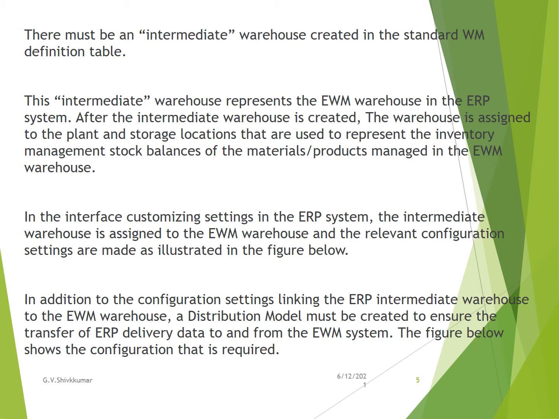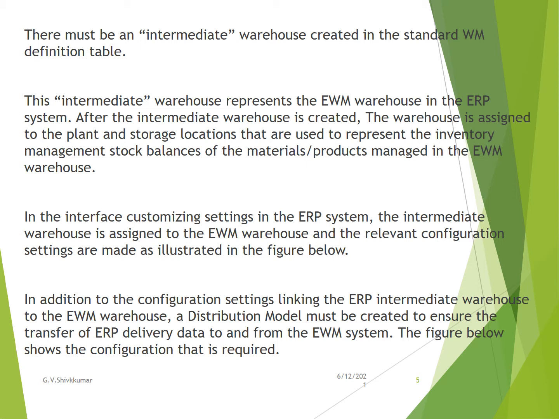In the interface customizing settings in SPRO in the ERP system, the intermediate warehouse is assigned to the EWM warehouse and the relevant configuration settings are made as illustrated in the picture.